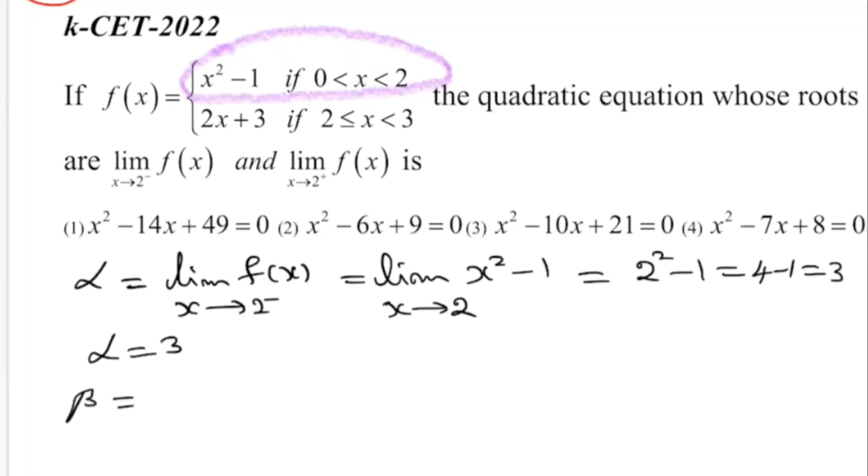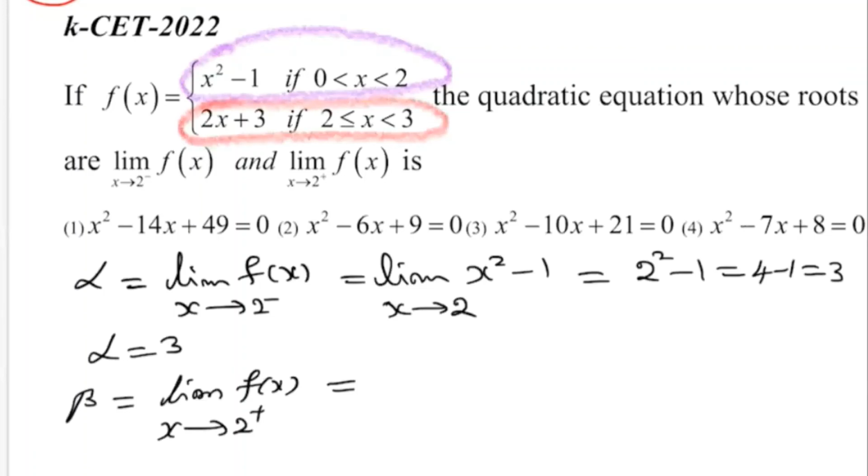Beta is the limit of the function as x tends to 2 plus, that is right hand limit. The function is defined as 2x plus 3 when x is less than 3 and greater than 2. So we need here greater than 2.